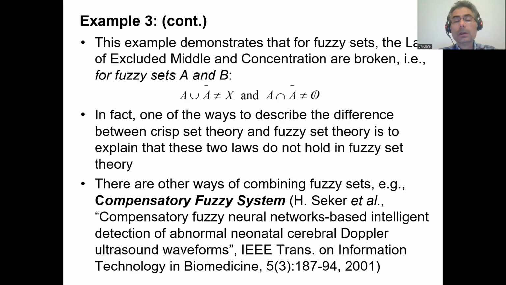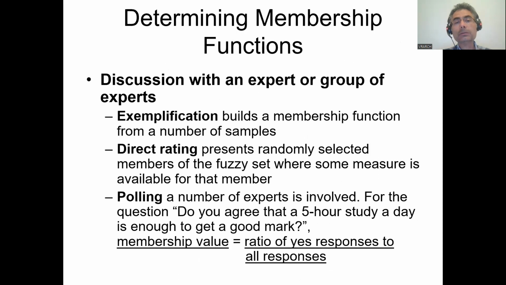And actually, there is always something if you look at fuzzy sets, union and intersection. There are other ways of combining fuzzy sets, for example, compensatory fuzzy systems, where you can combine in a different way. It's more mathematical, with more complex ways, but let's stick to this simple terminology at the moment.